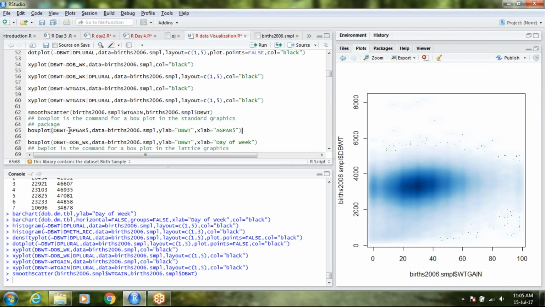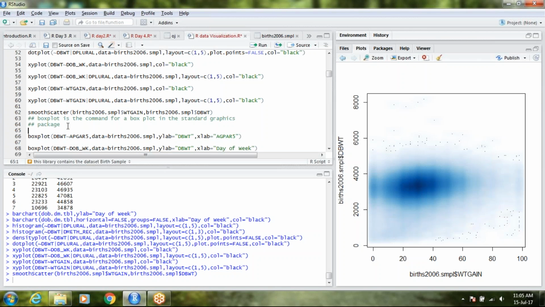So here I can see the range of my birth. Let's start with a simple thing. Box plot of dB weight, where I have data equal to this.